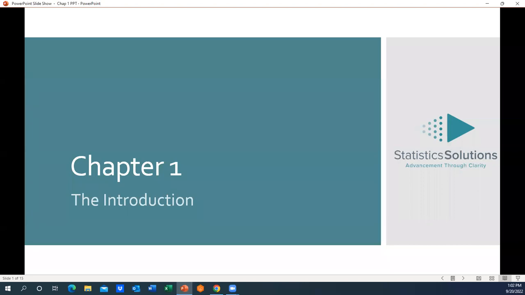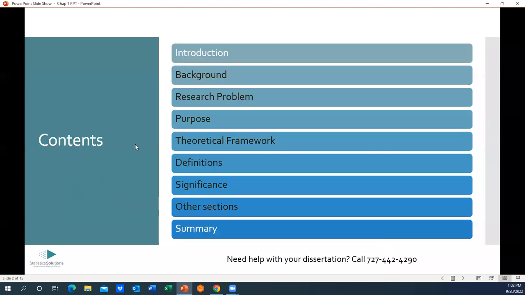Chapter 1, the introduction. This is what we're going to be covering today as far as the contents of the chapter. Our template is based on a standard social studies dissertation template, where it's typically 5 chapters.